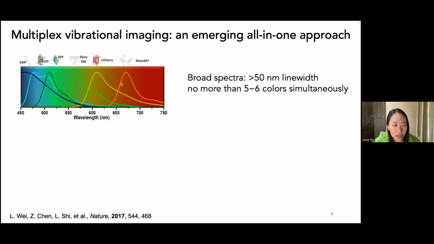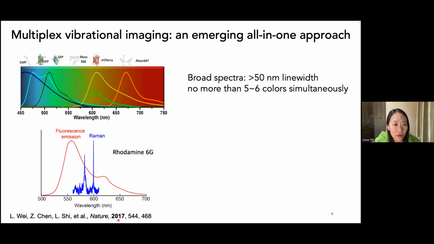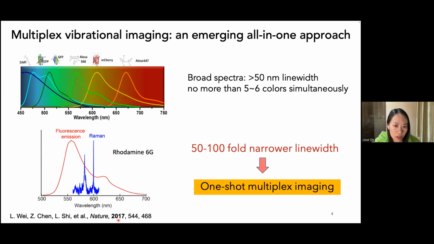Therefore, cyclic staining and imaging are usually required for fluorescence-based multiplex imaging approaches, which certainly brings tedious sample preparation and error-prone image alignment and registration. Different from fluorescence, vibrational peaks are 50 to 100-fold narrower. Hence, vibrational methods pose a fundamental advantage for multiplexing in one shot, overcoming all these issues related to the cyclic way we just mentioned.